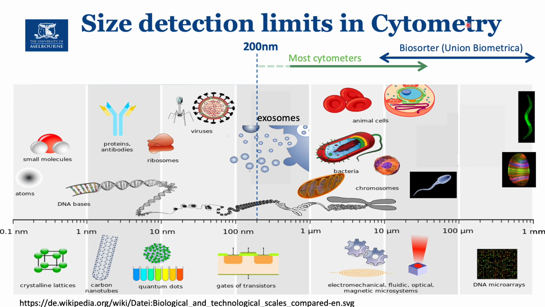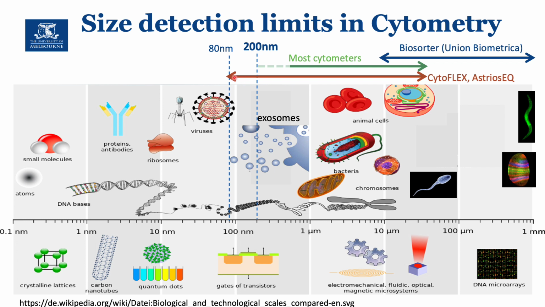Most instruments. Instruments like the Union Biometrica BioSorter can measure whole embryos and small organisms. But we don't have any of these. So most instruments in our case will go all the way from 200 nanometers all the way to macrophages, neurons, things like that.